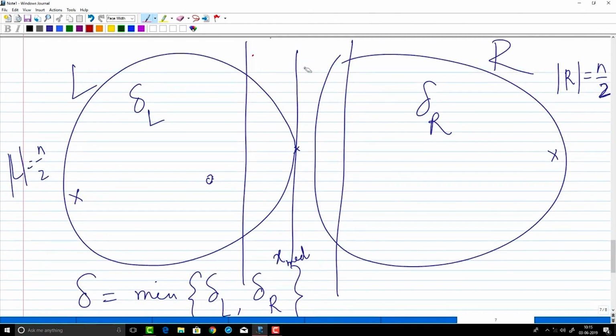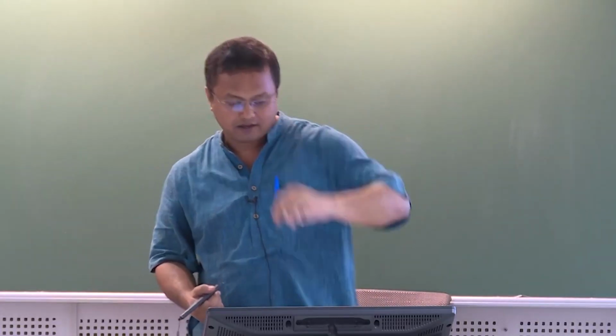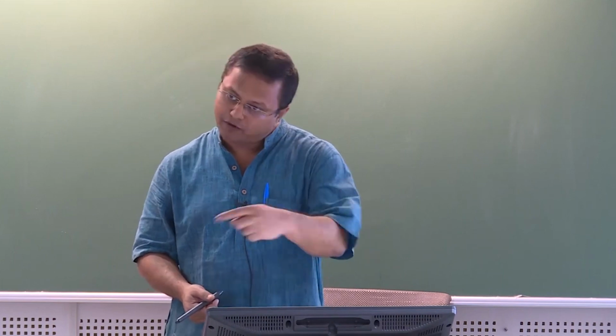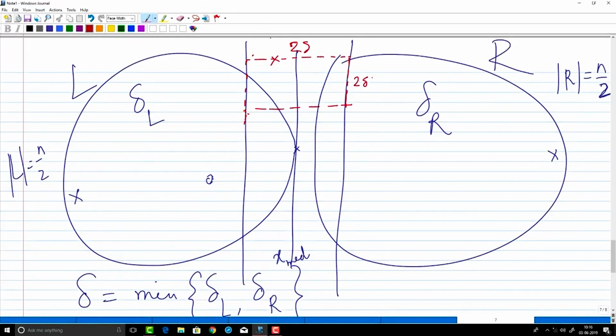Let us go back and look at the topmost point, and at this 2 delta cross 2 delta square, which is hanging from this topmost point. By our previous puzzle, how many points can there be in this zone?